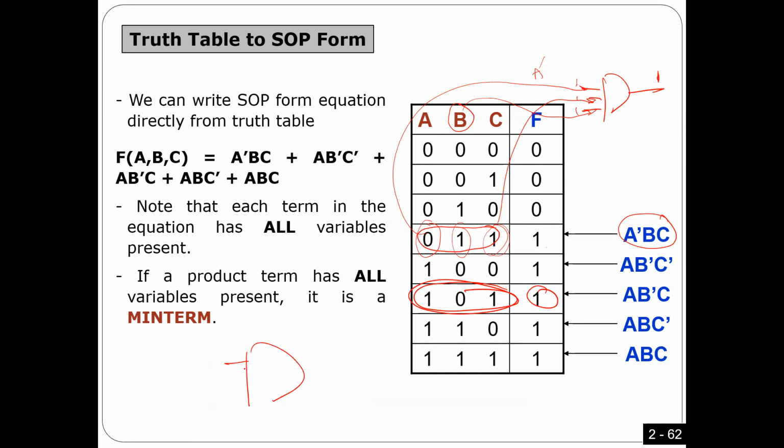A, B, C, that's it. When A is 1, all of them are going to become 1s. Let's have another case. How can I make an AND gate give me 1 when I have this input here? A is already 1. So again, any variable that is 1, you input this variable. Any variable that is 0, you input the complement of it in order to make it 1, because I want to get 1 when this is the input. So this one should become A, then B prime, and then C.